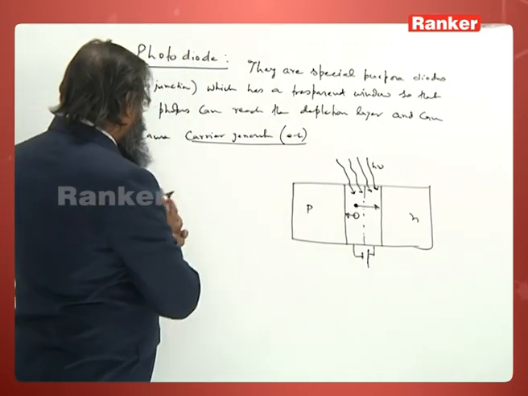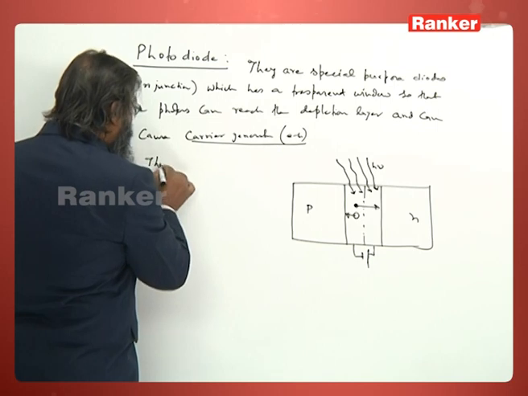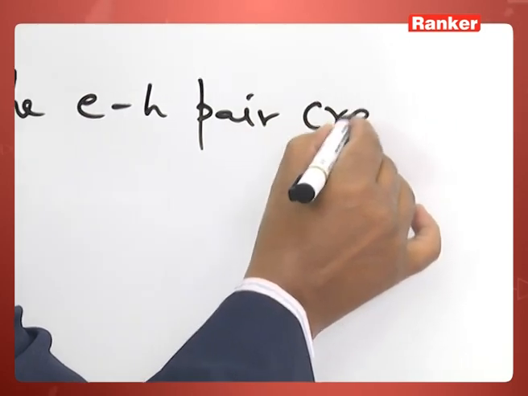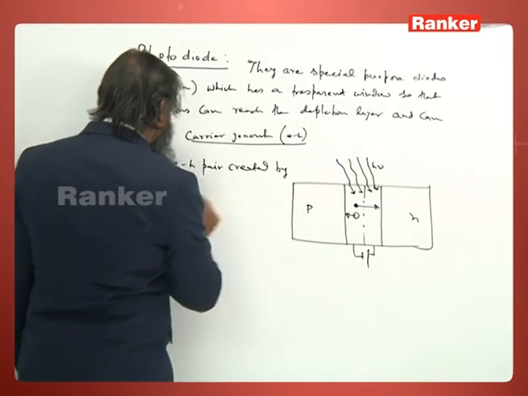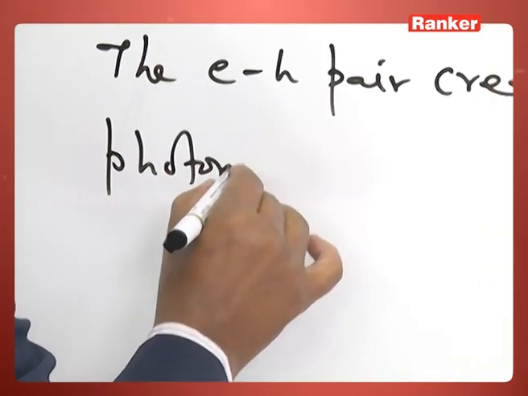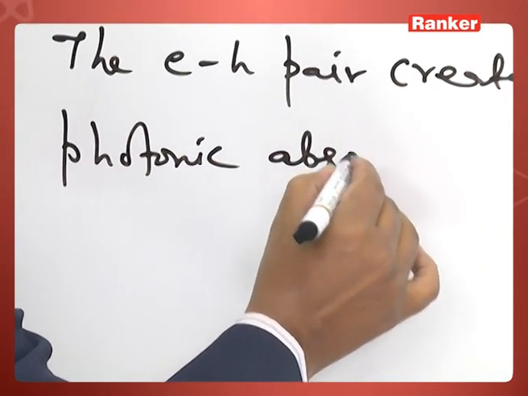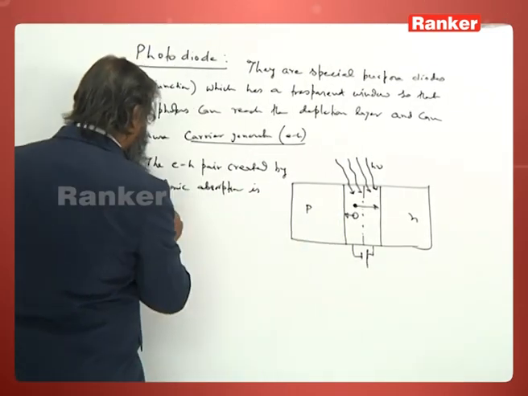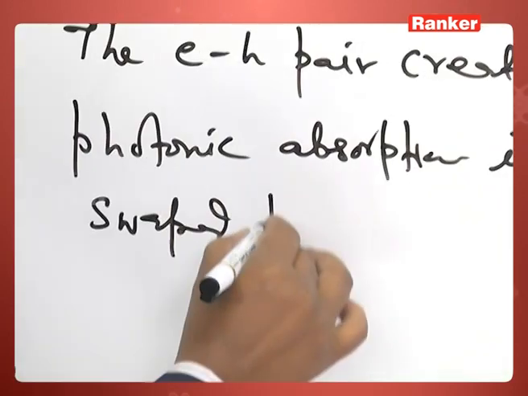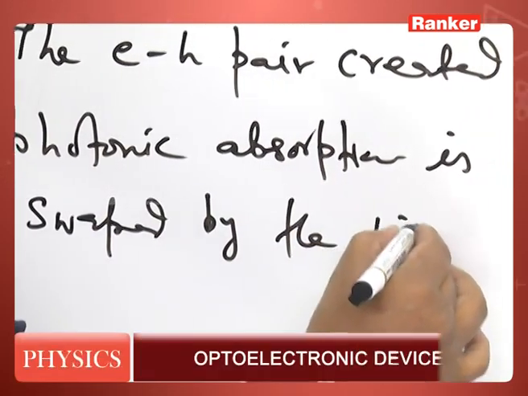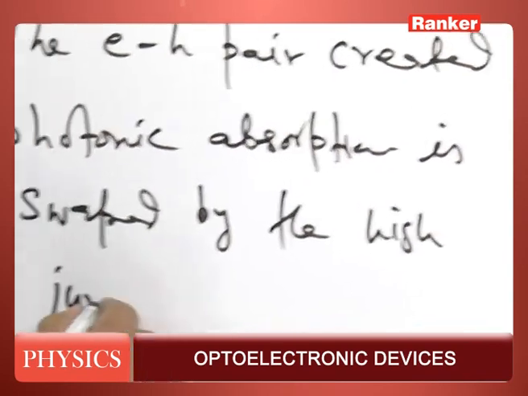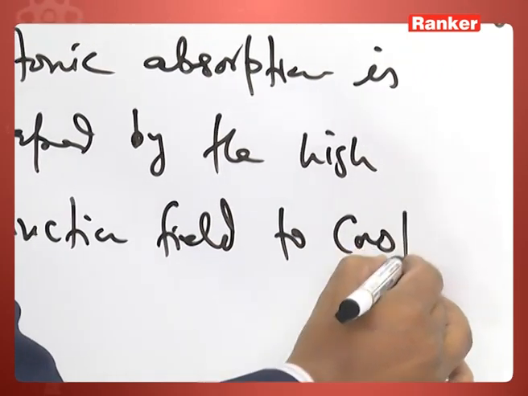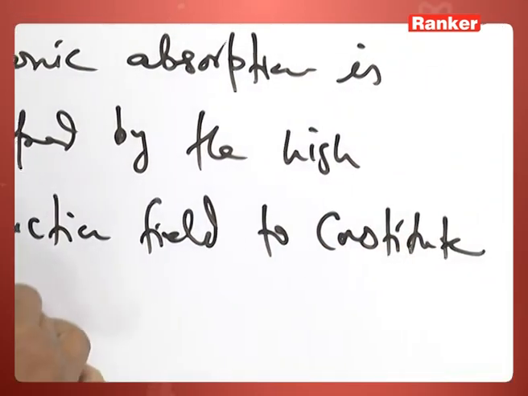So, what we have to do? The electron hole pair created by photonic absorption is swept by the high junction field to constitute a drift current.